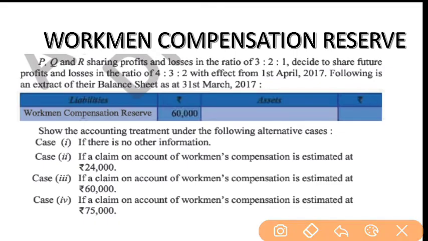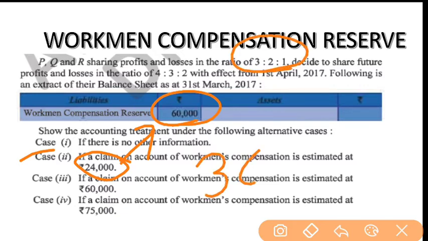Now what was the second condition? The second condition was if a claim on account of workers compensation is estimated as 24,000. So if the claim of workers compensation is 24,000 and the reserve is 60,000, the claim is less than the reserve. So whatever the claim is, we will pay it to the employees whom we are compensating, and the remaining amount will be distributed among partners in their old profit sharing ratio.